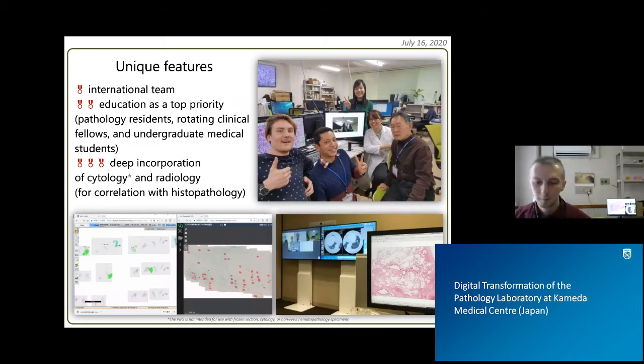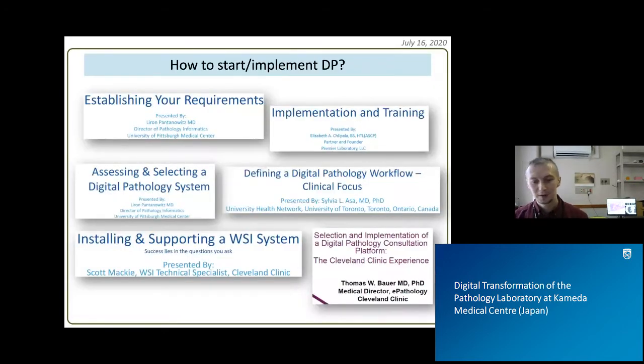And here we arrive at the most anticipated part, probably: how to start and implement digital pathology. You know, over the last several years, I listened to many lectures, added on top of my own experience. And if you ask what we need to start digital pathology, here is my short answer, because we have not much time.